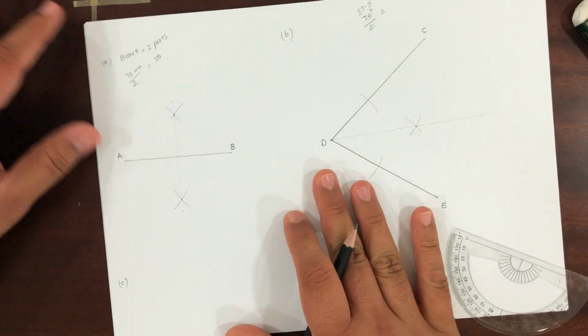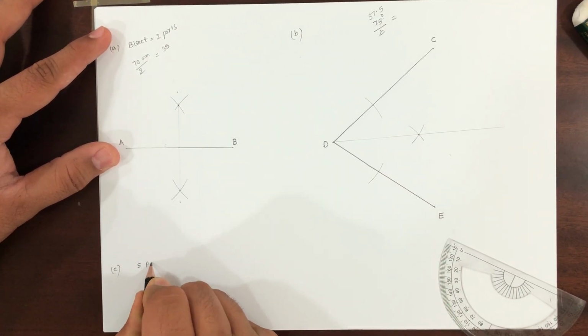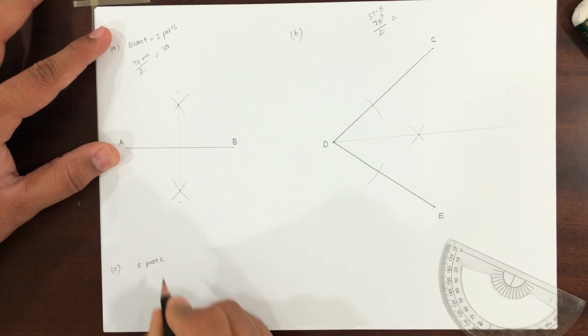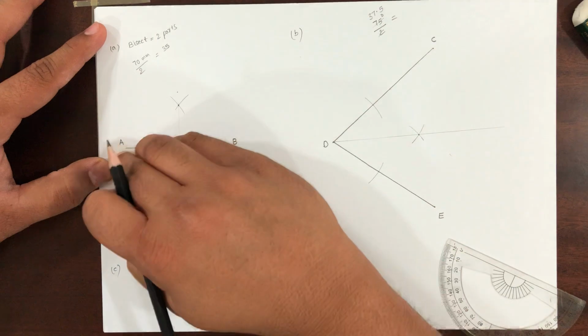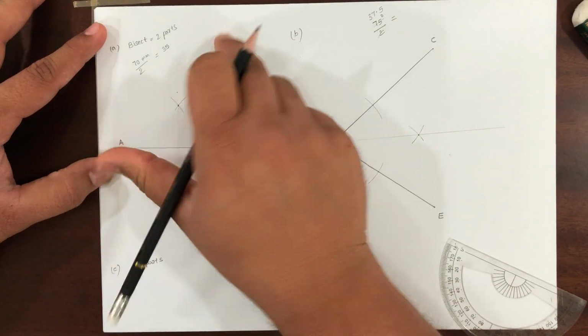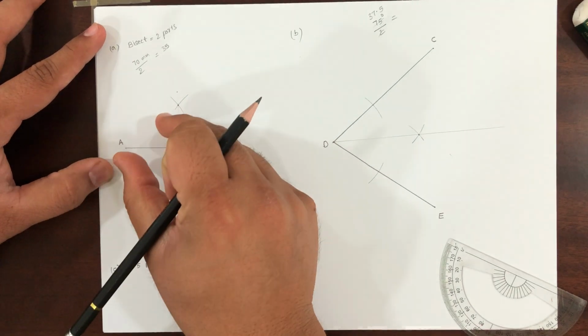Now the question number C is asking us to divide into 5 parts. So in order to divide into 5 parts, you can take any line. The length of the line can be a multiple of 5, in order to divide it easily.